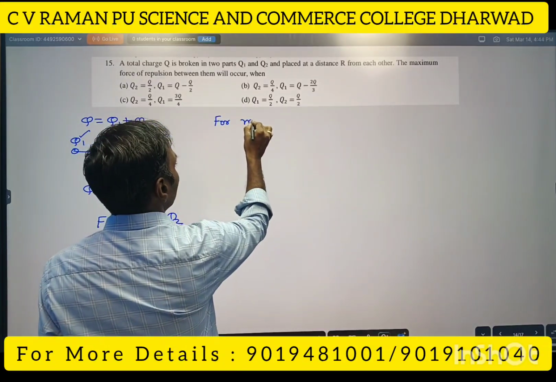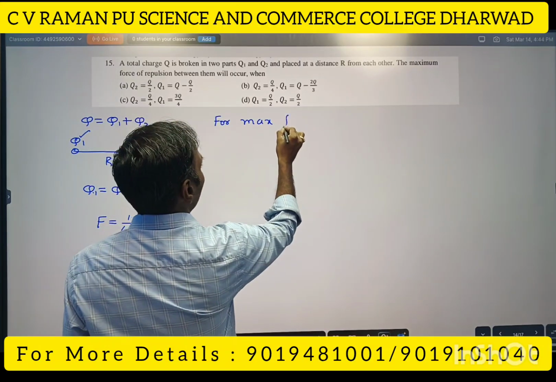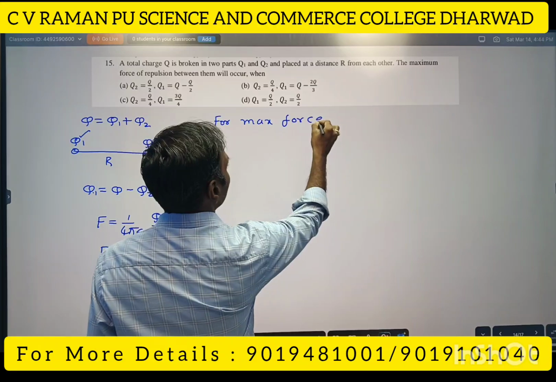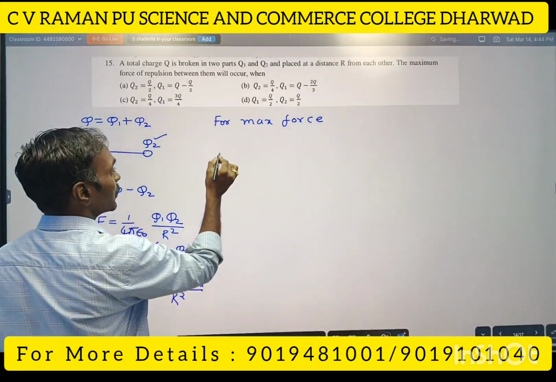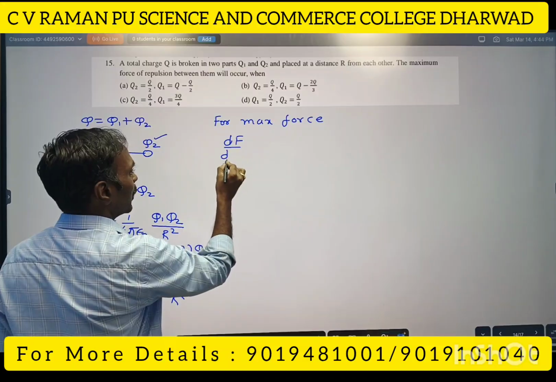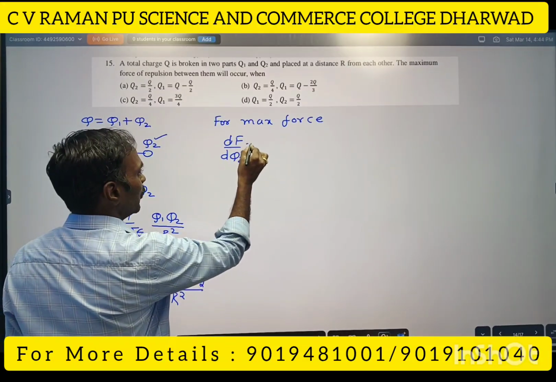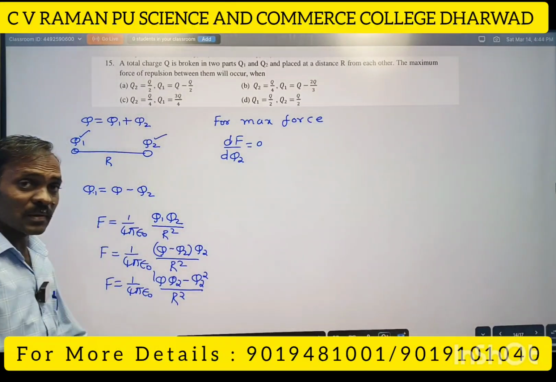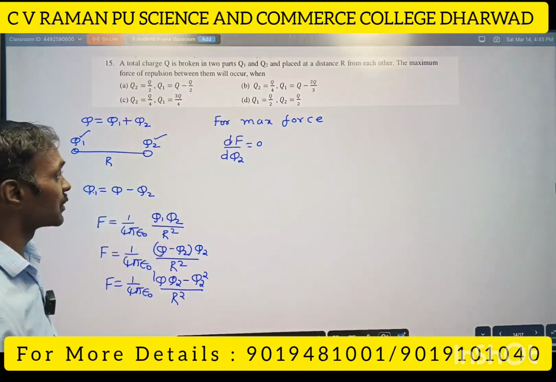For maximum force, dF divided by dQ2 must be equal to 0. This is the condition for a maximum force.